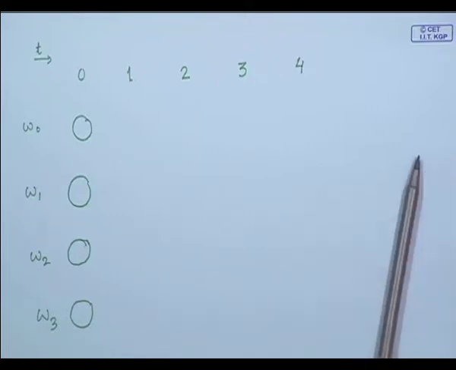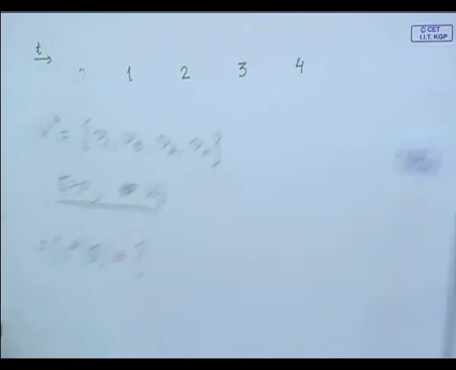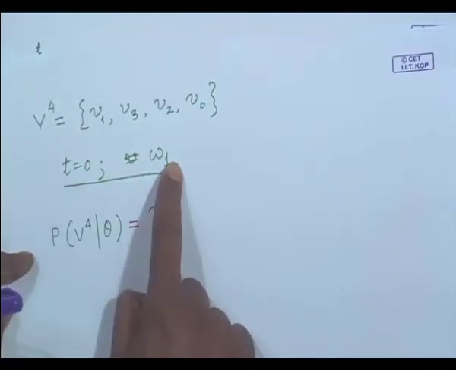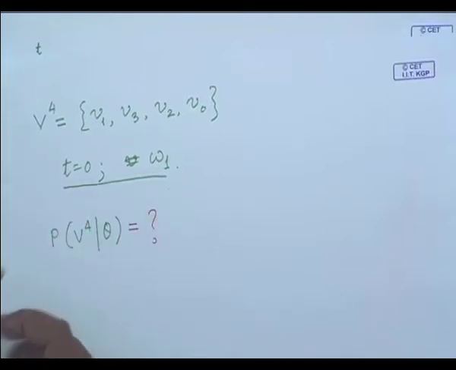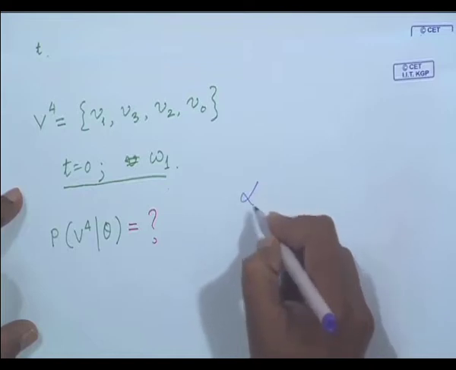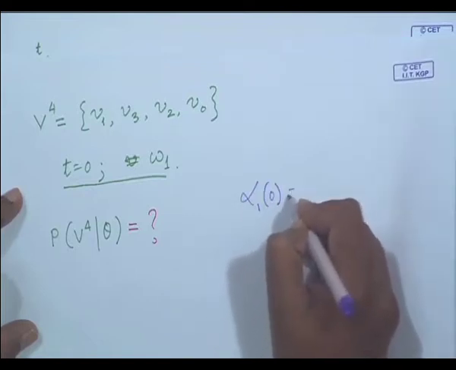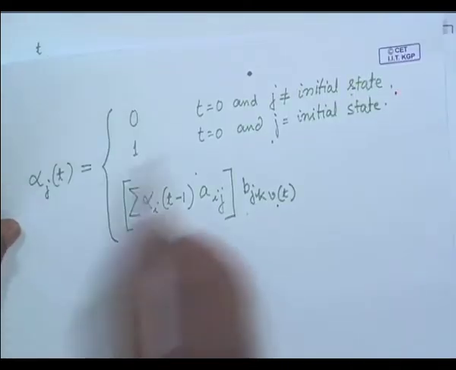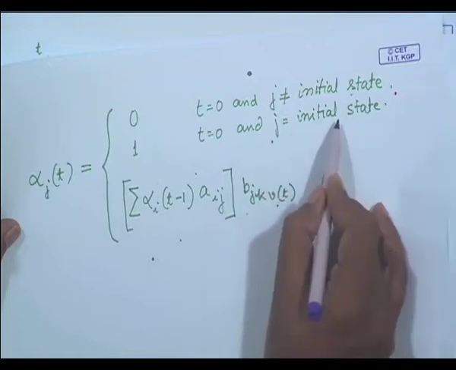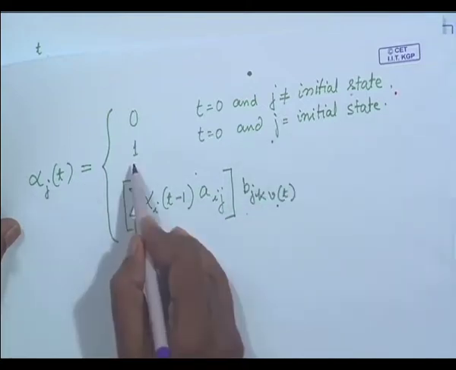And as we said, at t equal to 0, we have assumed that the machine is in state omega 1. So, naturally alpha 1 0 has to be equal to 1 as per our definition, because we have defined this alpha in that form. If you come to this definition, at t equal to 0, if j is the initial state, then alpha j t is equal to 1.